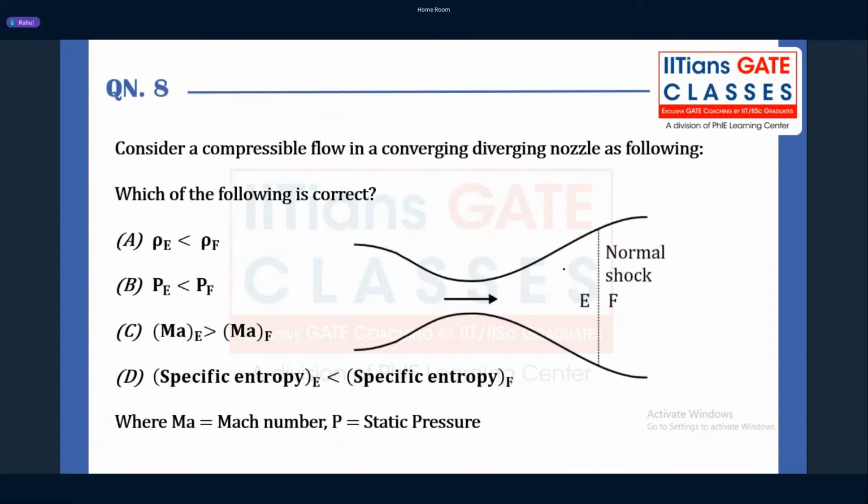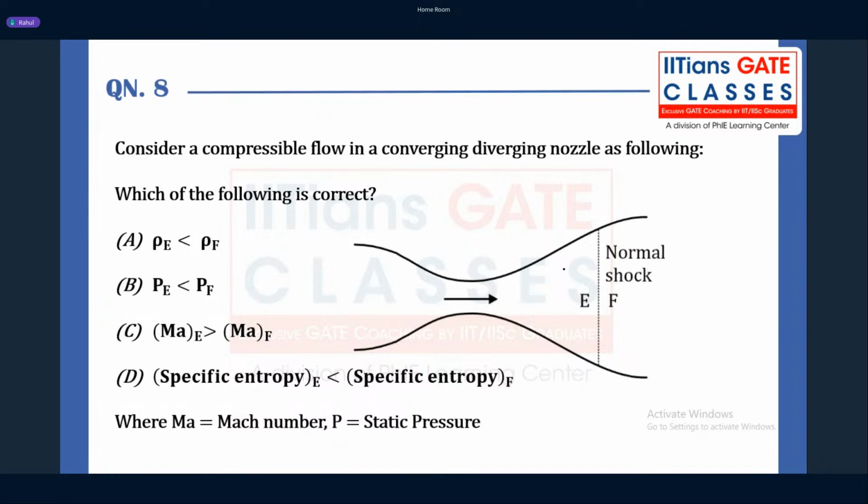Coming to the next question, guys, here you can see compressible fluid flow. Try to observe this question, guys. Consider a compressible flow in a converging-diverging nozzle. Which of the following statements is correct?